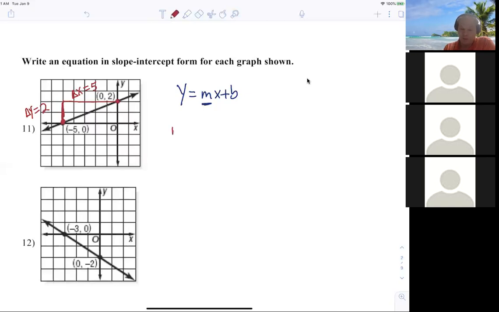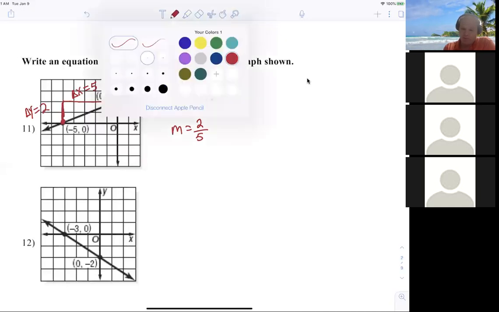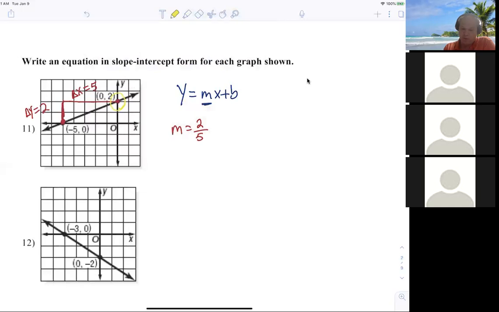So I know the slope is 2/5. Then I'm looking for the y-intercept, which is just where the line crosses the y-axis, which in this case is 2. So my equation is y equals 2/5 x plus 2. Anybody have any questions? Any questions?